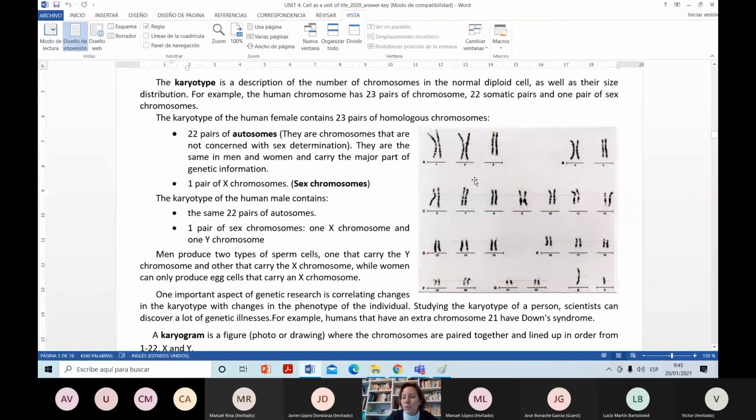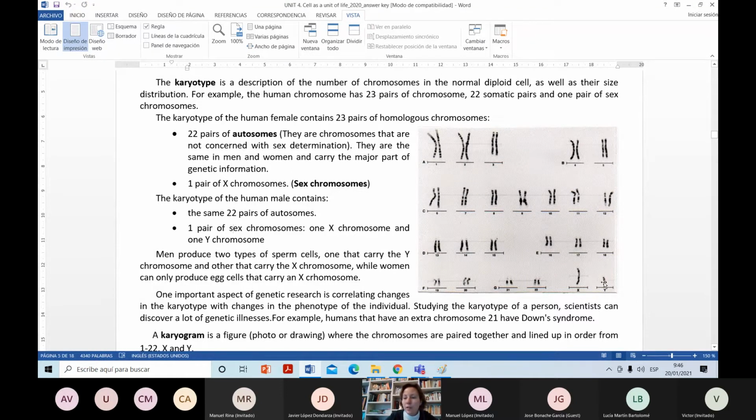With those chromosomes, we would not be able to know whether the genetic material comes from a boy or from a girl. But this last pair of chromosomes are known as the sex chromosomes, and there is going to be a pair of X chromosomes in the case of female organisms, and there is going to be one X and a Y in the case of male organisms.